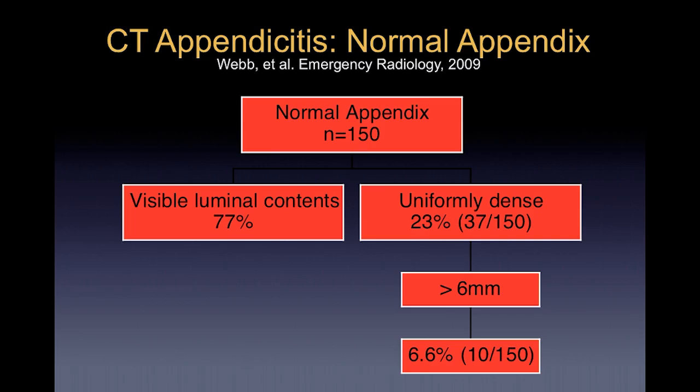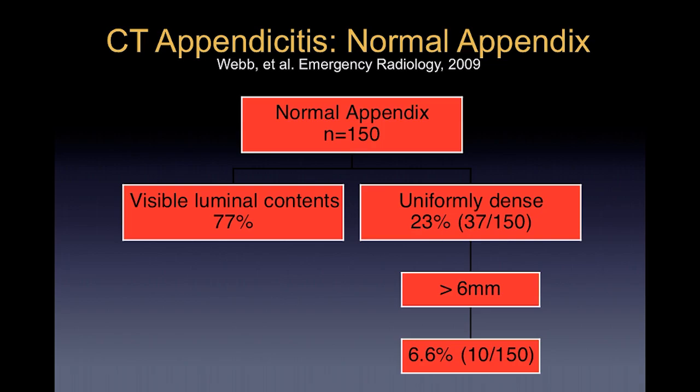In about 1/4 of cases, the appendix is going to have that isodense, sort of uniformly dense appearance where it's a bit more equivocal looking. And of that 1/4 of people, the appendix will be greater than that 6 millimeter threshold in roughly 6 to 7%.